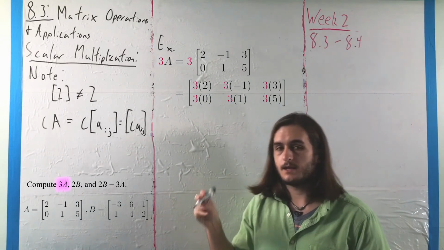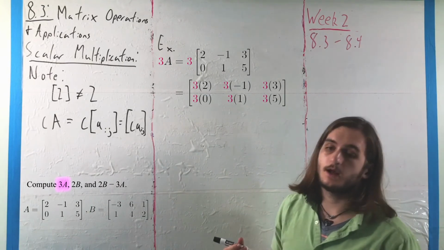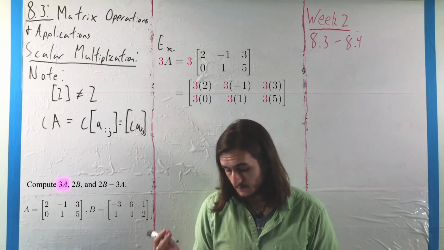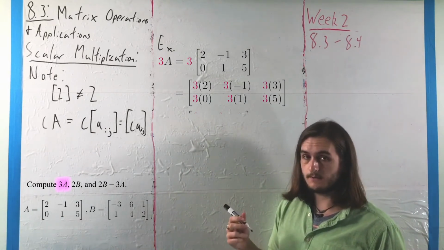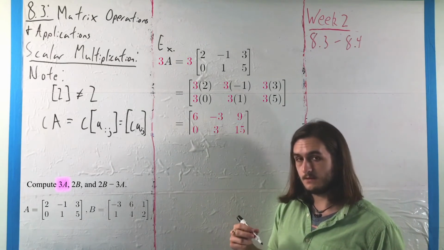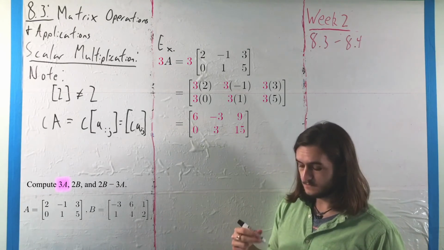The scaling gets hit on every single piece, just like when you're multiplying a constant by an equation, that value is going to hit every single piece. And the result will be the matrix [6, -3, 9; 0, 3, 15], 3 times every single one of those values.